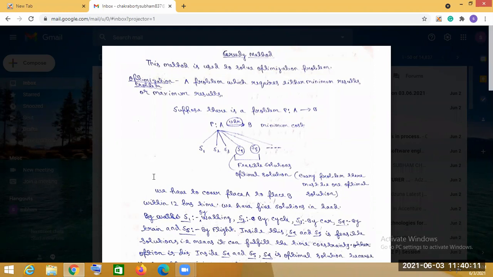The other solutions, we do not consider. Those solutions which satisfy the conditions we set, we can choose. So these solutions are called feasible solutions.